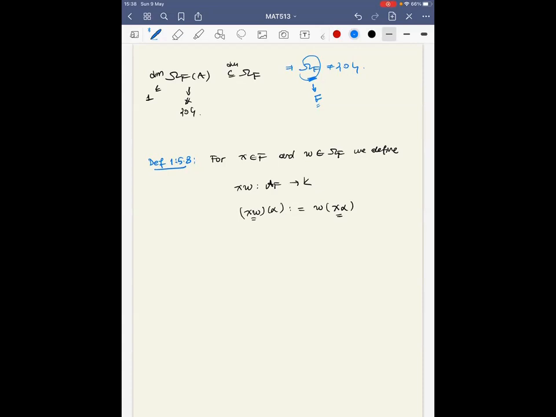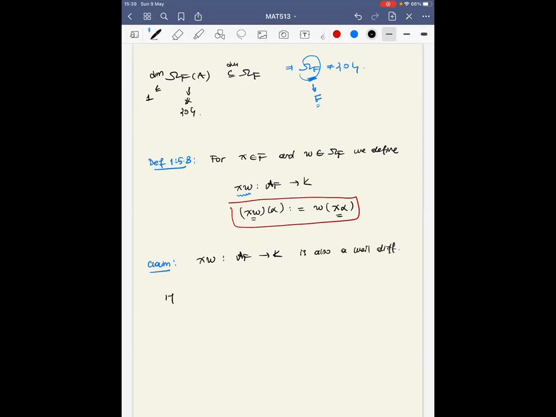Now we want to see that this K-linear map is also a Weil differential. That means we need to see that it vanishes on some divisor. So our claim is that x times omega, defined in this way, is also a Weil differential.